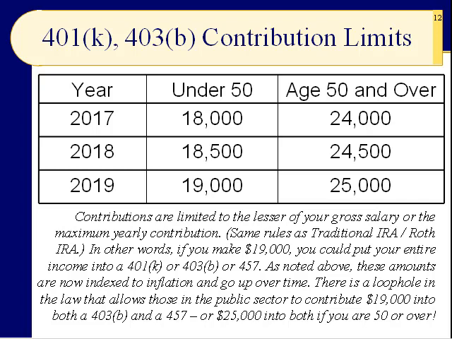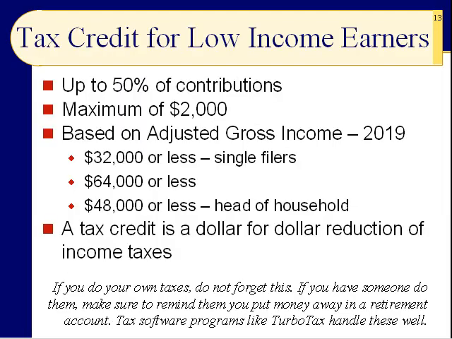So that's 19,000 times 2, 25,000 times 2 if you're 50 or over. Wow, that's pretty amazing. And I'm surprised they didn't get rid of it. That started back in 2002, 2003, and now it's in the tax code. Slide number 13.